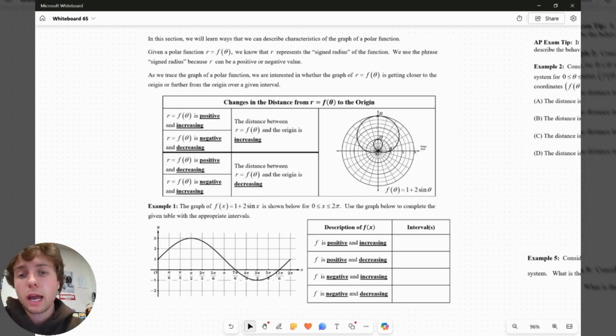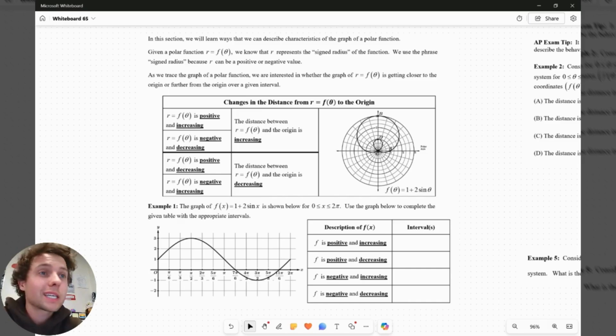As we trace the graph of a polar function, we are interested in whether the graph of r equals f of theta is getting closer to the origin or further from the origin over a given interval. Remember, that signed radius simply is talking about the distance from the origin.